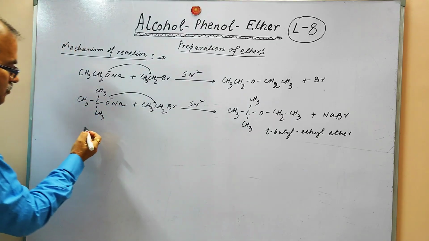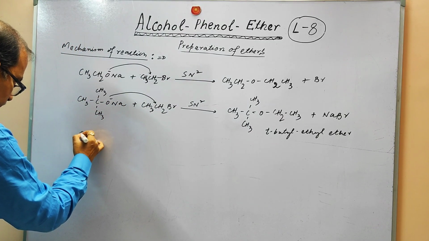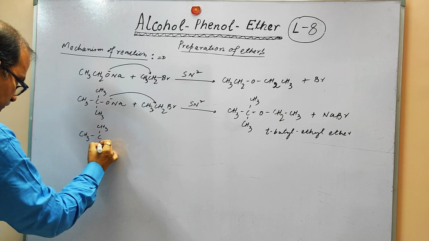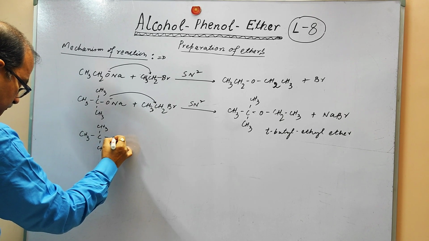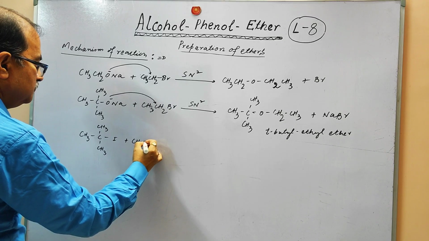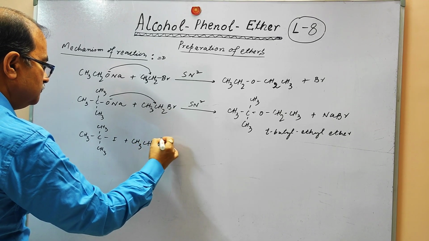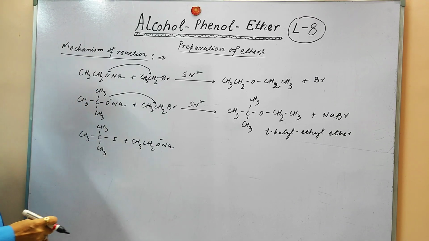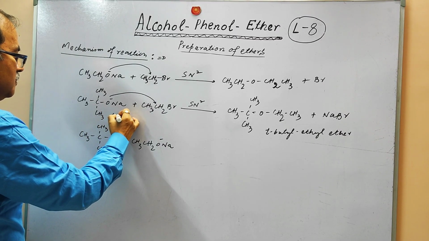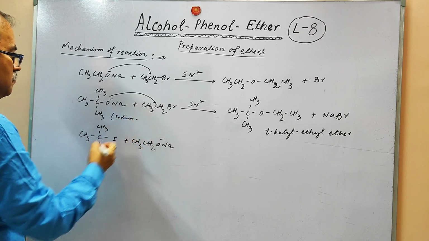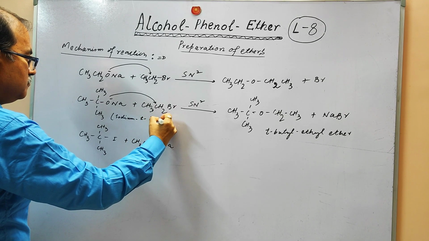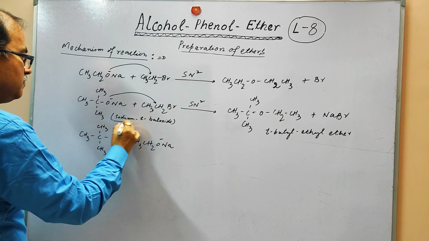Now, if we choose this way, instead of this tertiary sodium alkoxide, this is sodium tertiary butoxide.